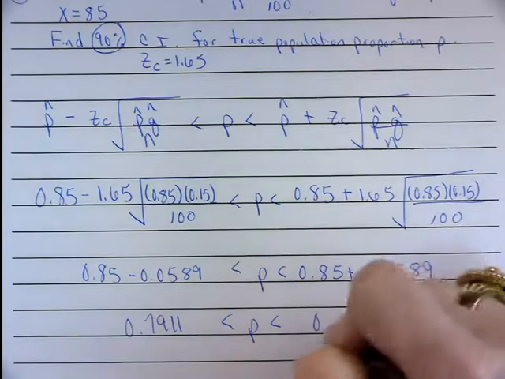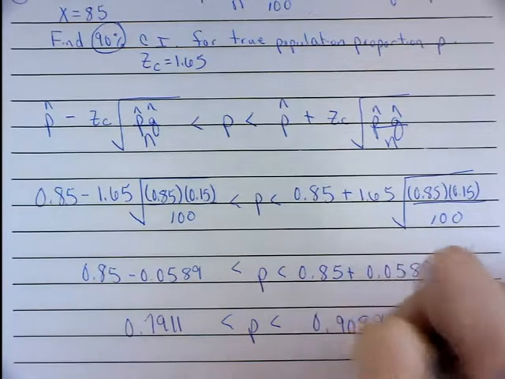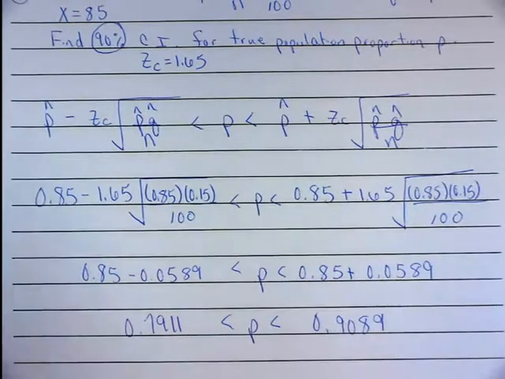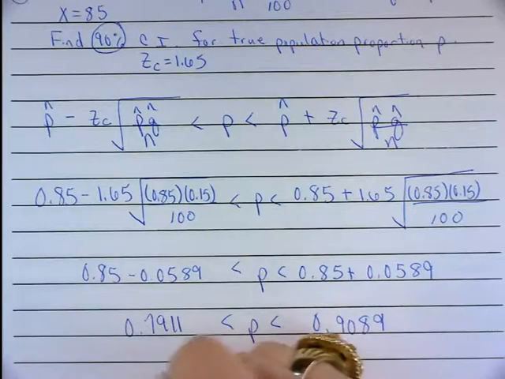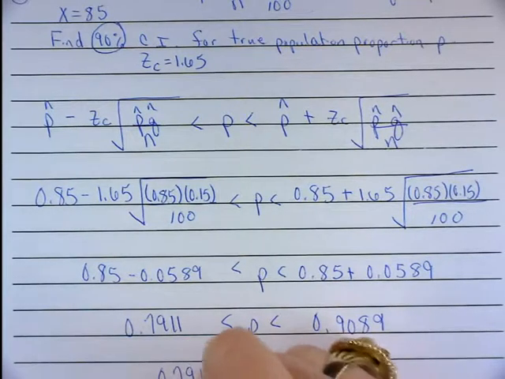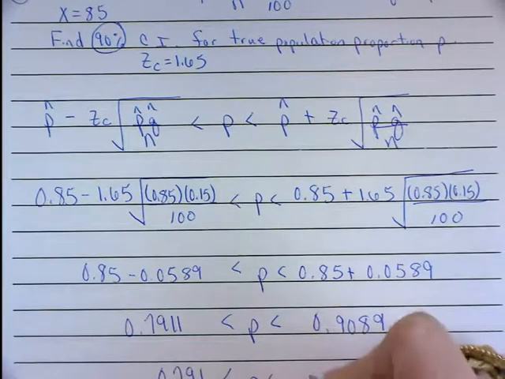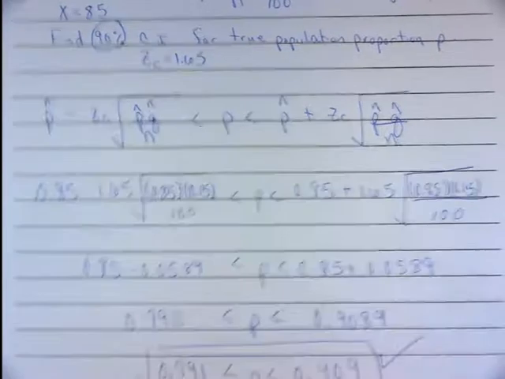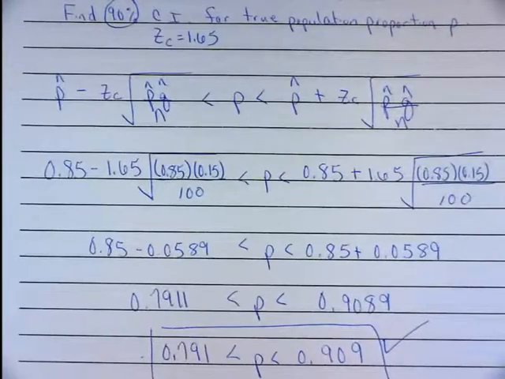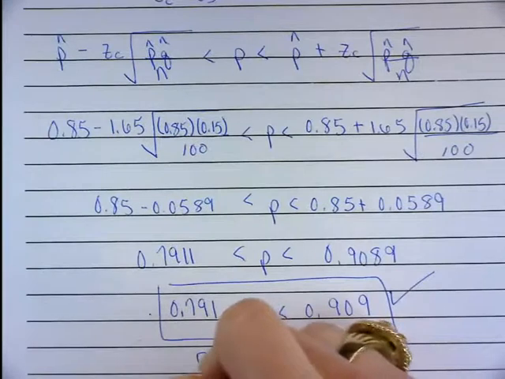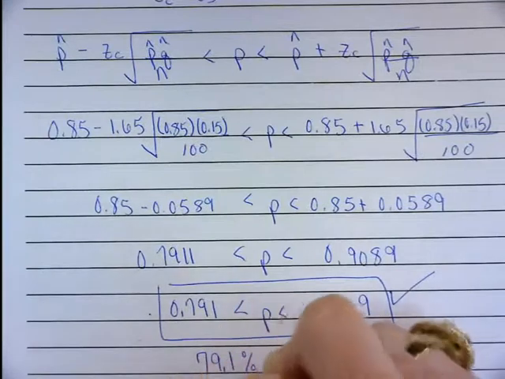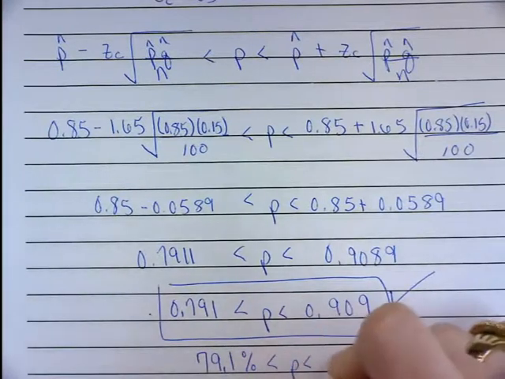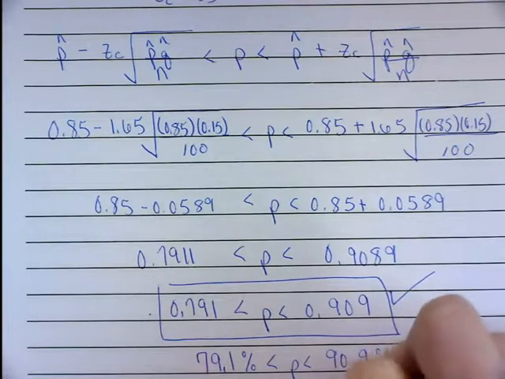And this is 0.9089. The textbook says with these proportion intervals round to 3 places accurately, 0.791 and 0.909. You can give it as a decimal rounded to 3 places accurately, but you could also give it as 79.1% less than P, less than 90.9%.